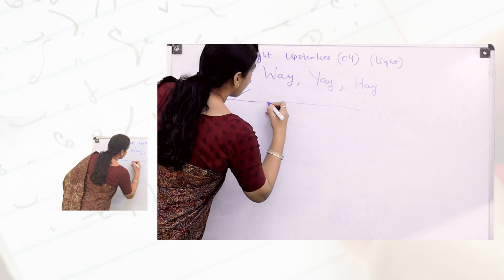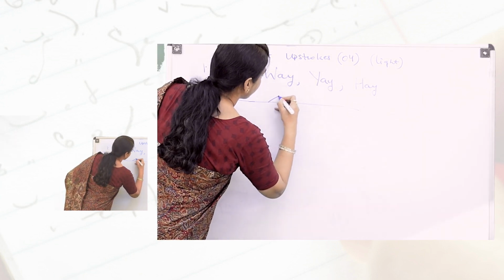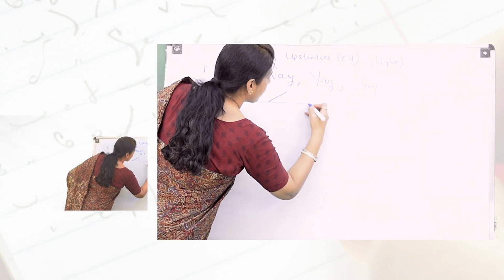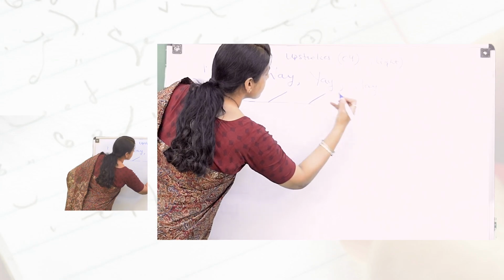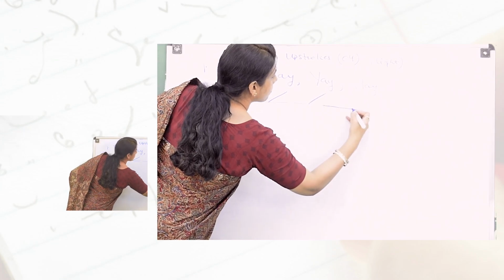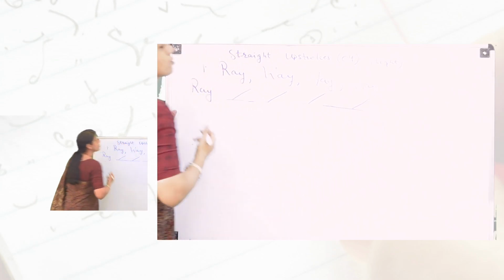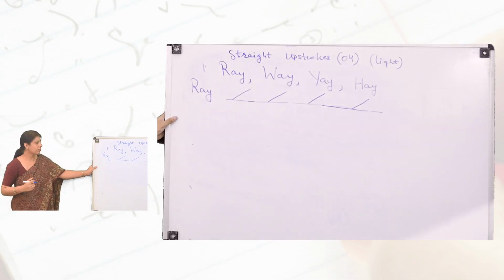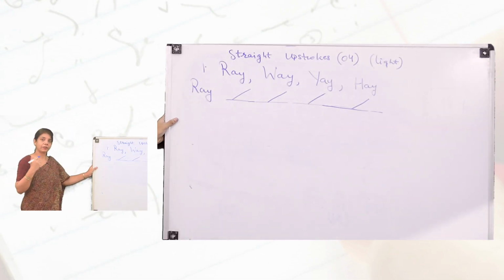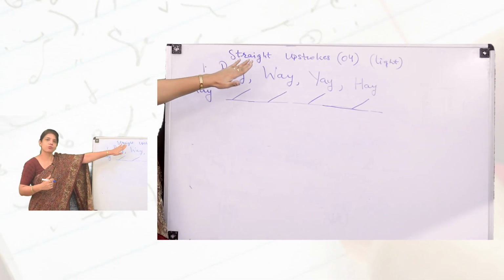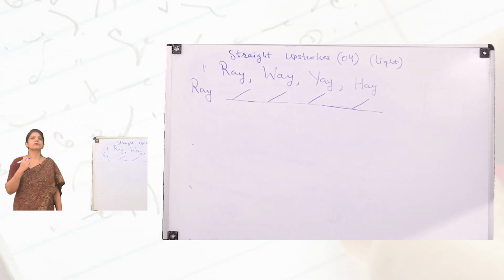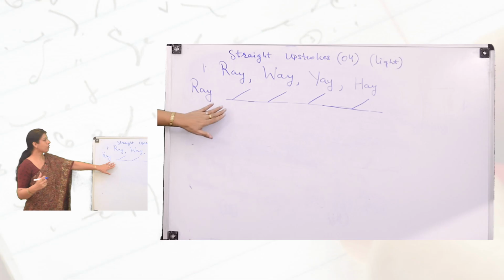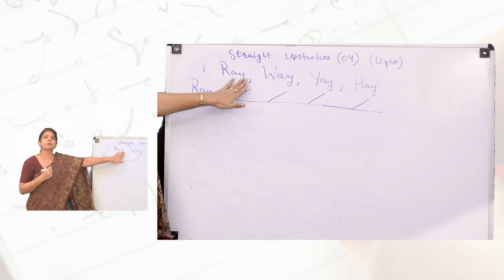I'm making it again. Please look at the board so that you get an idea of how to make the consonants. And also you need to remember one thing always while writing shorthand, that if it is an upstroke, you have to write it from bottom to top only. You cannot write this consonant from top to bottom.